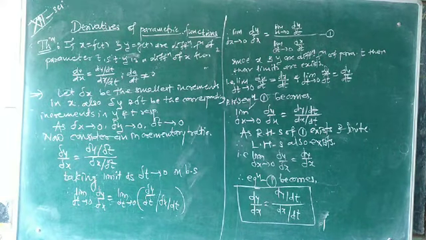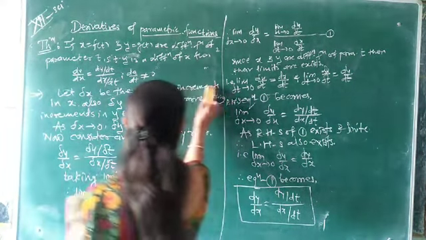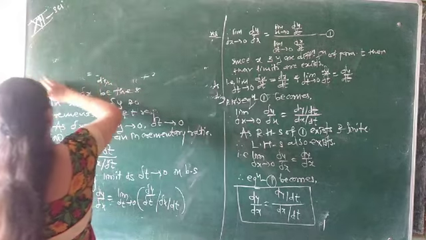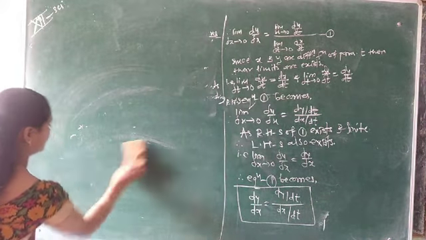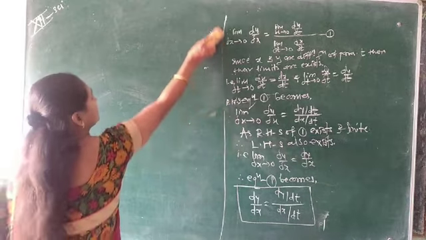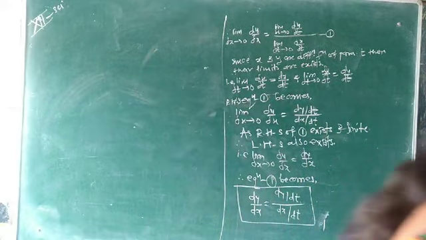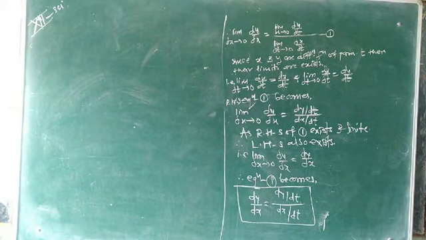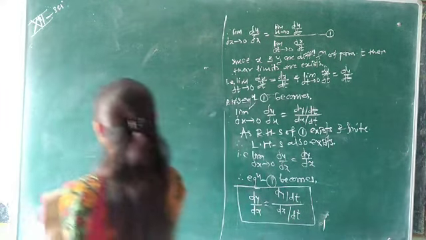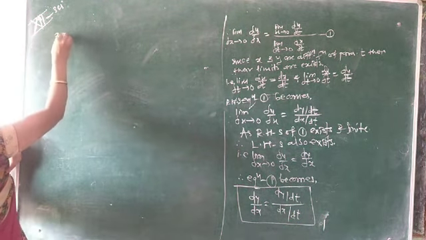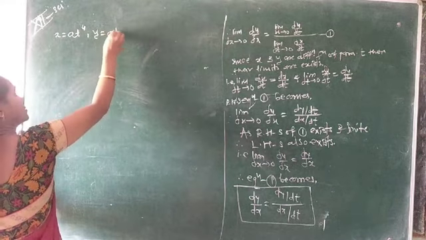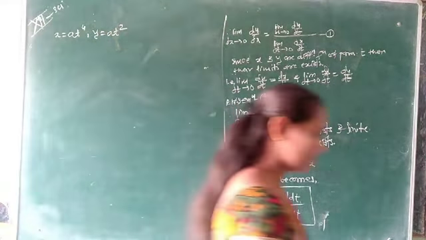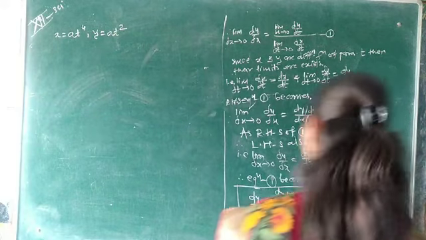Suppose for example, find dy upon dx if x is equal to a t raised to 4 and y is equal to 2a t square.